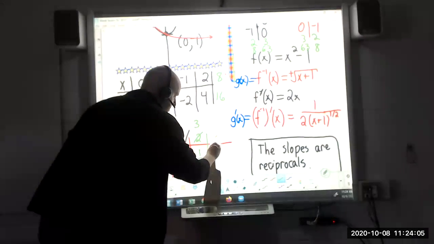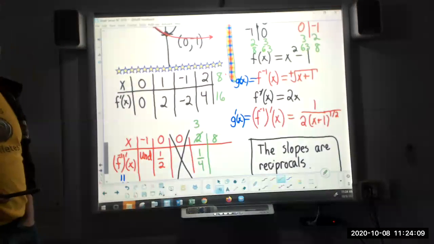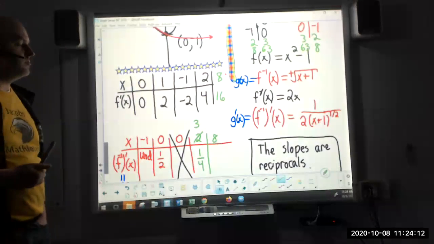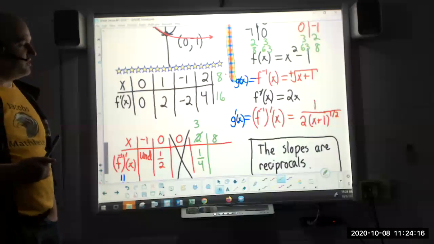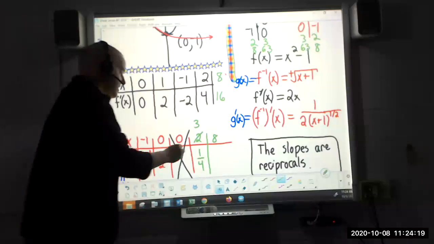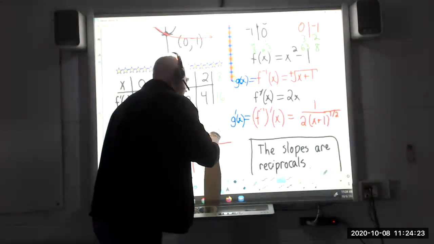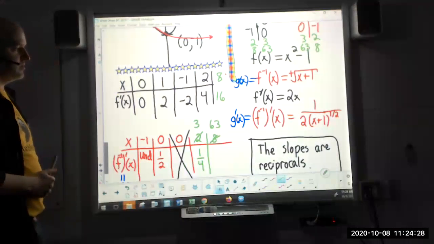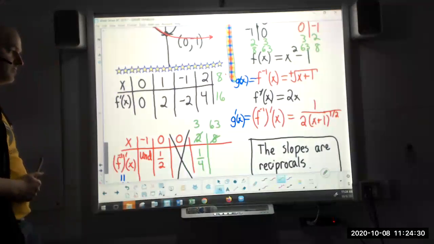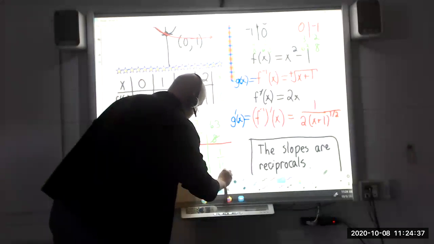You can't use 8 here because if you substitute 8 into this, you don't get 1/16. No. You get 1/6. So it's not 8. It's got to be the point that is the inverse, not the reciprocal. The inverse of 8, the output. That's 63. Check 63. 63 plus 1 is 64. Square root of 64 is 8 times 2 is 16, 1/16.